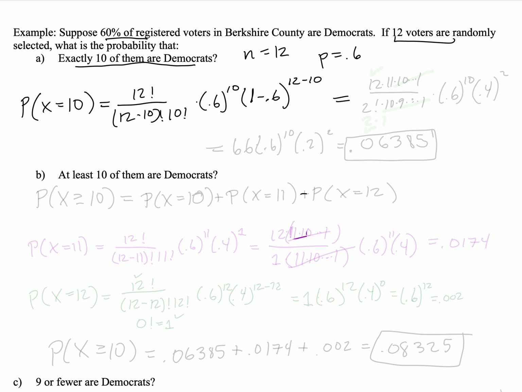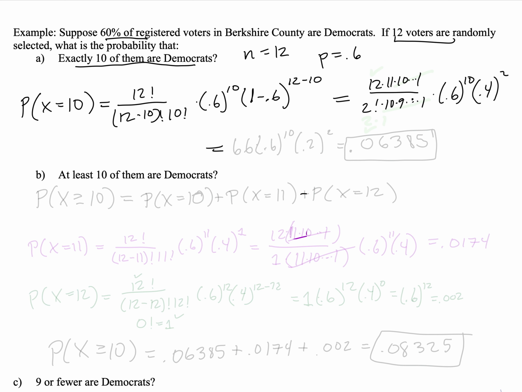Simplifying, that's 12 times 11 times 10 times and so on down to 1, divided by 2 factorial times 10 factorial. That's 10 times 9 times and so on down to 1, multiplied by 0.6 to the 10th power times 1 minus 0.6, which is 0.4, to the second power, since 12 minus 10 is 2.